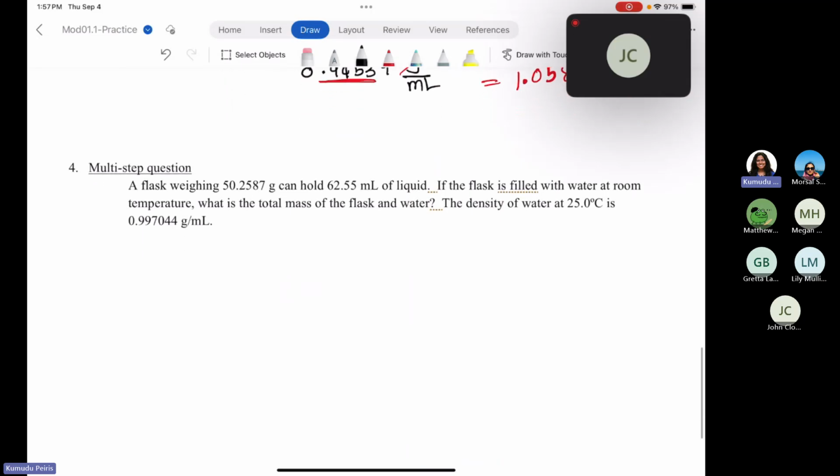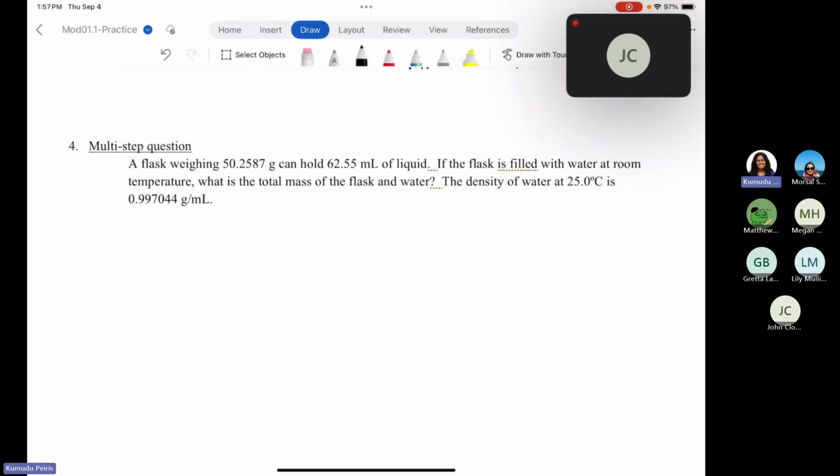Okay, right. If you don't have any more questions, I'll go to the next one. Here we talk about a multi-step question, something like you do in the lab. A flask weighing 50.2587 grams can hold 62.55 milliliters of liquid.